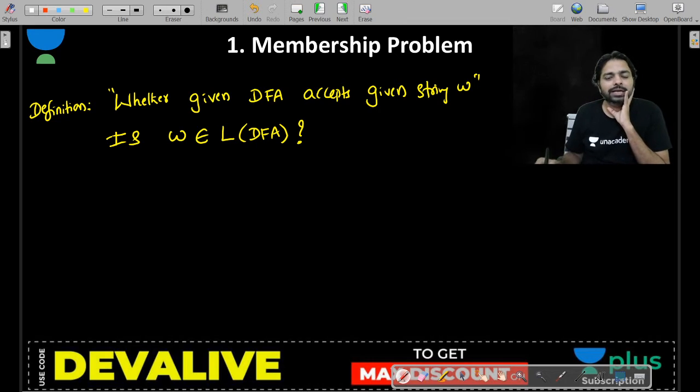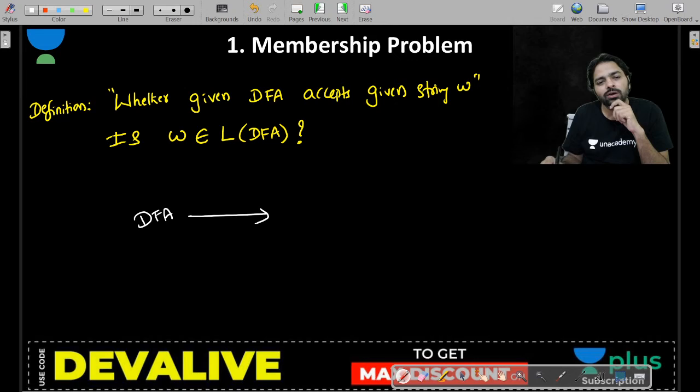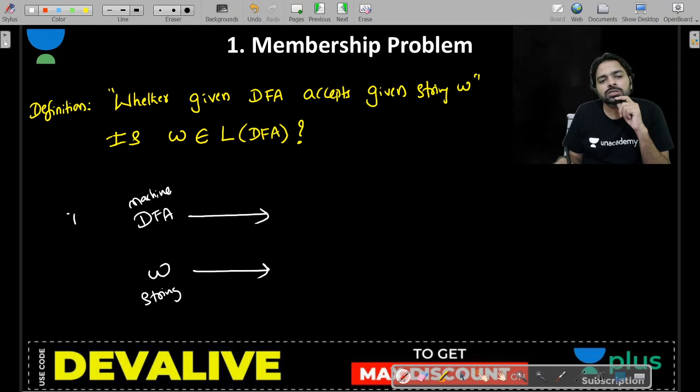I'm trying to help you understand the word first. What it means basically, guys: suppose you have a DFA and you are also given a string W. The DFA is a machine, and both are inputs. This is input 1 and this is input 2.